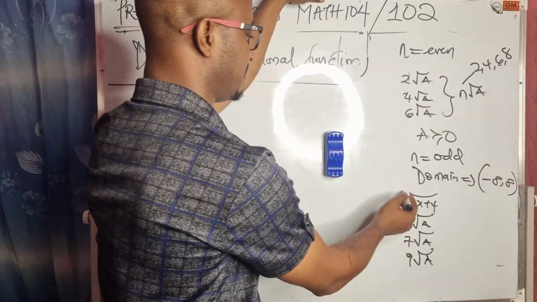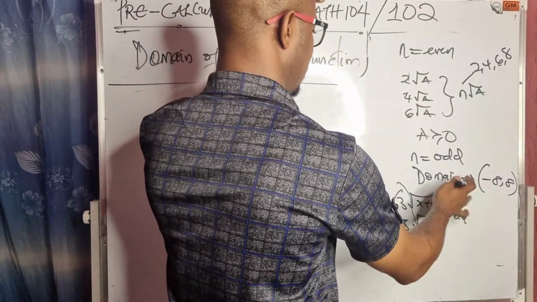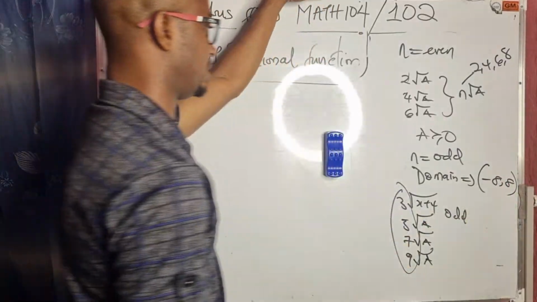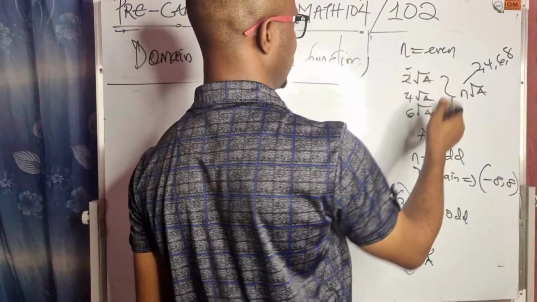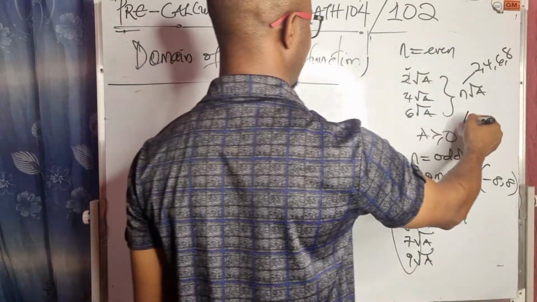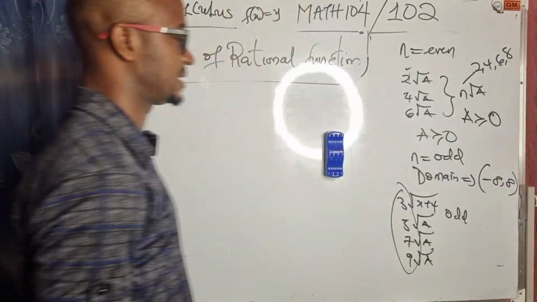As long as the value of n represents an odd number, the domain is simply all real numbers. Please take note. But when the value of n is an even number, we have to set the value of a to be greater than or equal to 0. Don't forget. Take note.